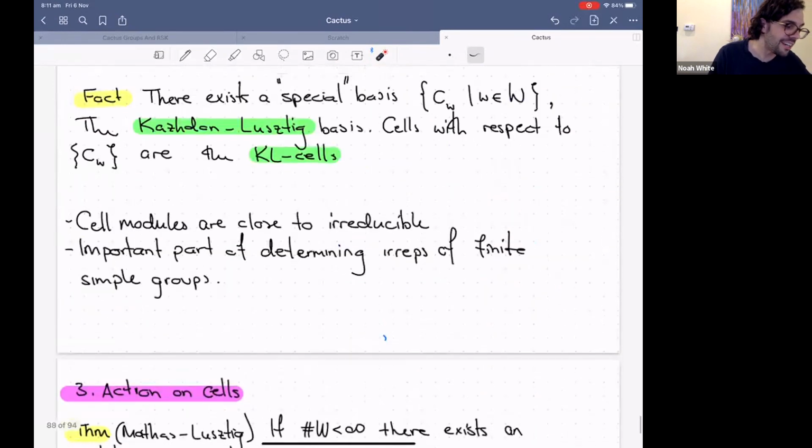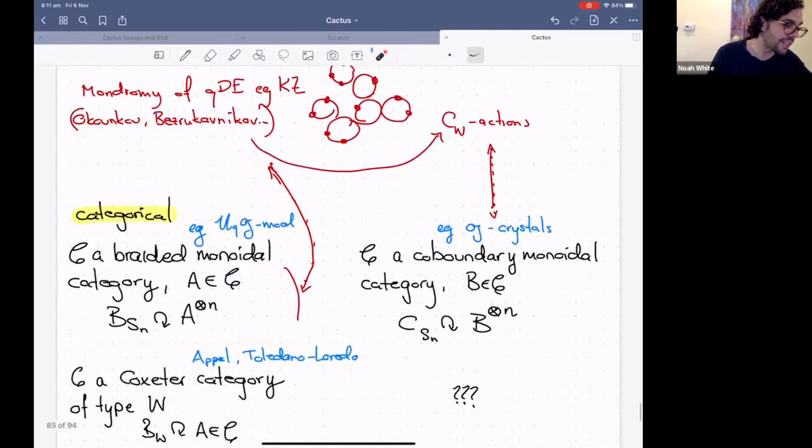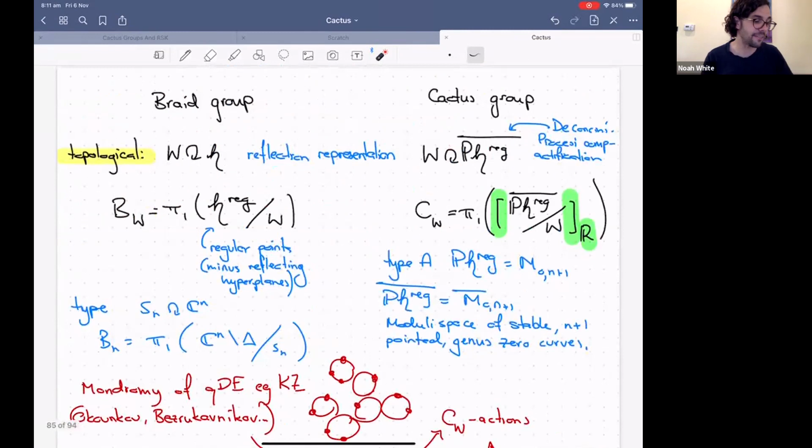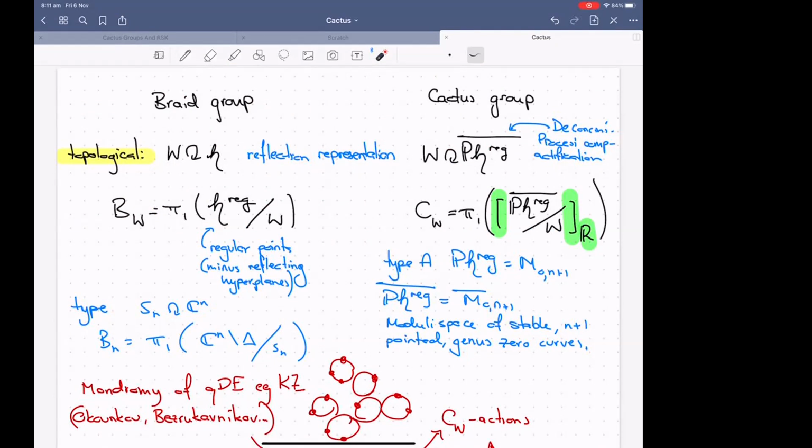If you look at the equations defining the hyperplanes for a complex reflection group, it's a finite extension of the rational numbers, but it's not real, right?